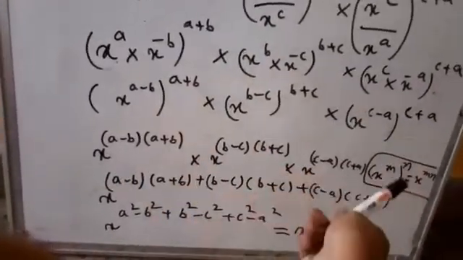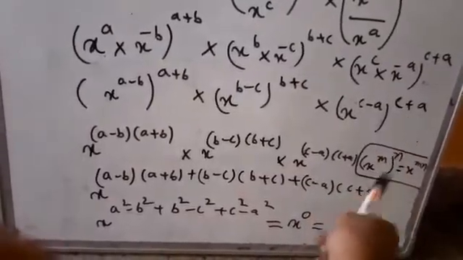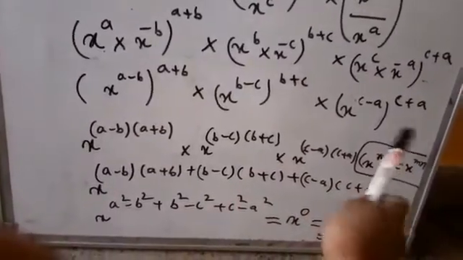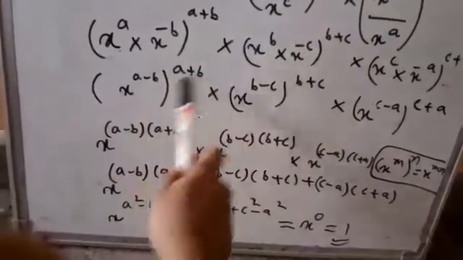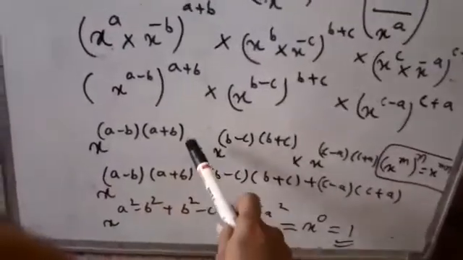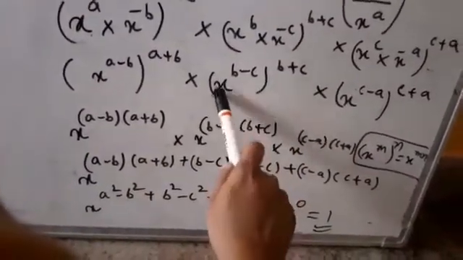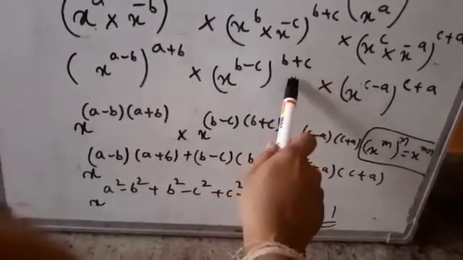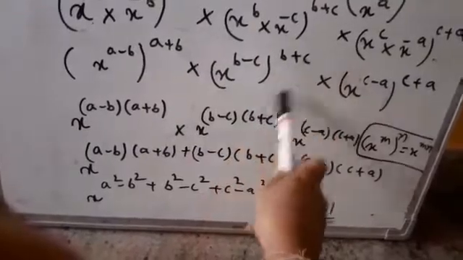Next step, now this formula applies here: x to the power of m whole to the power of n formula, x to the power of m into n. So x to the power of a minus b into a plus b, into, again, x to the power of b minus c into b plus c. Here m means b minus c, n means b plus c.